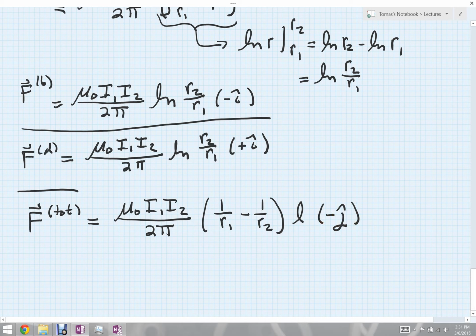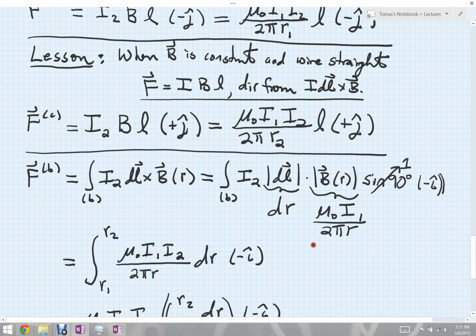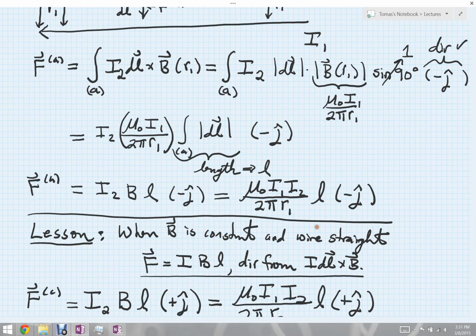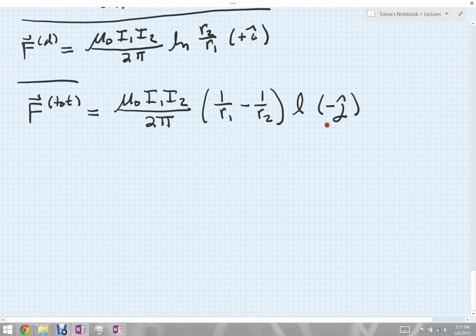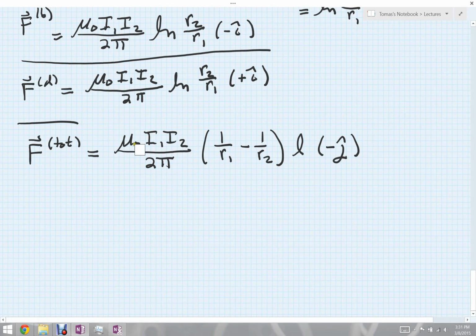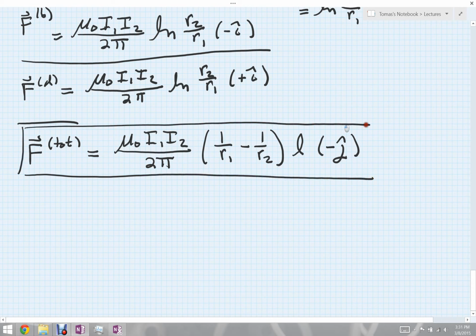And if you want to check your sign, the R1 term I'm putting in the minus j hat direction, and indeed the R1 term was in the minus j hat direction. Checking my factors, mu naught, 2 i's and an L over 2 pi r, and I have mu naught, 2 i's, and L over 2 pi r, and then my direction. So that is the final total answer for the force on that particular loop.